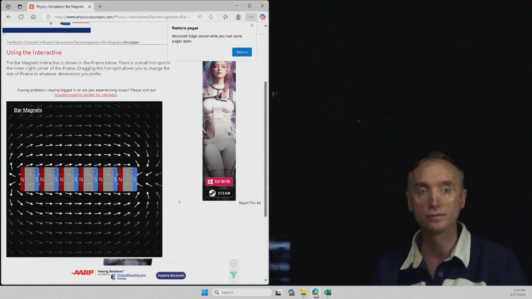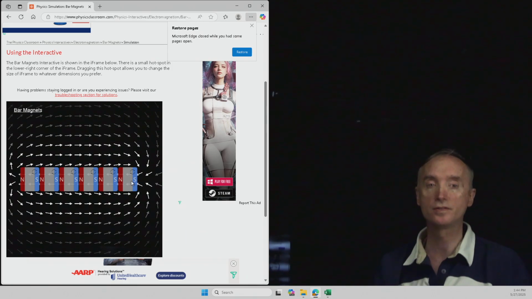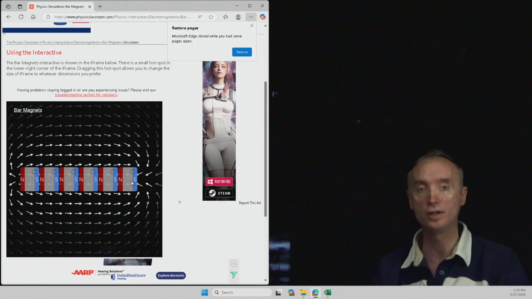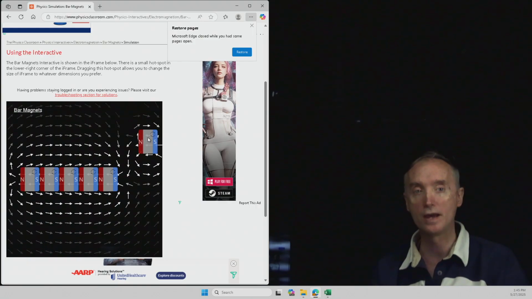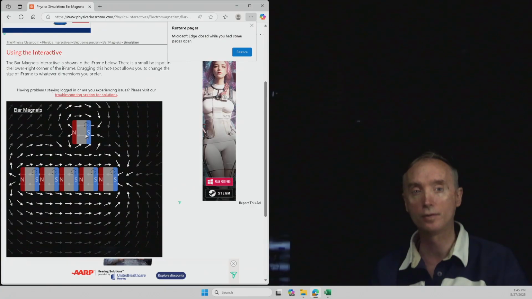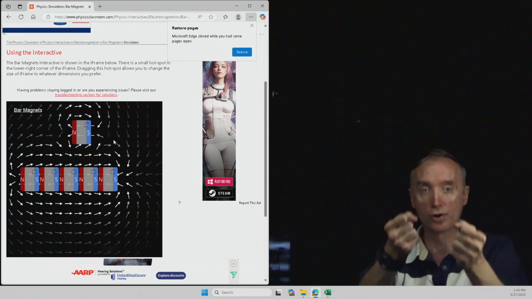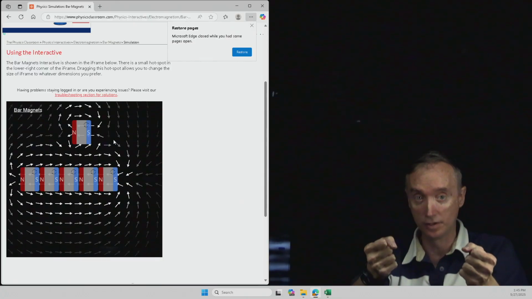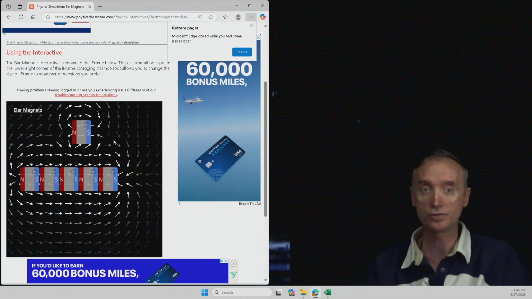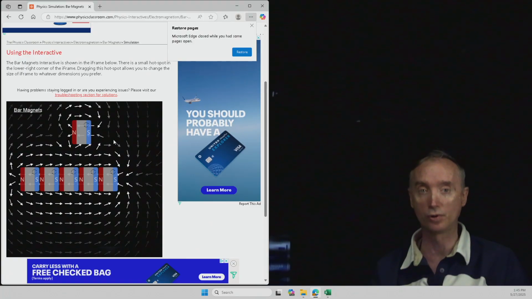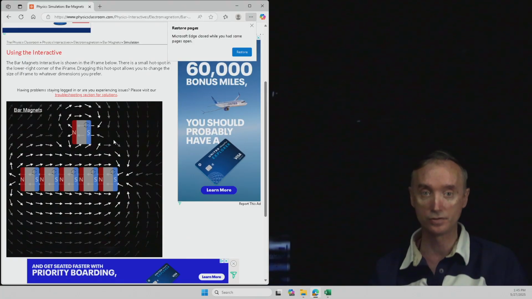And so you got this bar magnet, and one of the things I want you to do is to pull off one of these magnets here and then put it up there. So this is kind of like the equivalent of taking a magnet and breaking it in half. So I want you to answer that question, what does it turn into? If you take a magnet and you break it in half, what does it turn into?